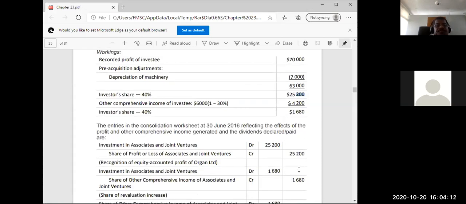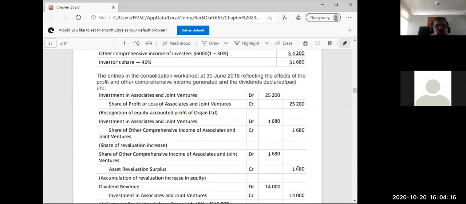Okay. So you put the journal entry: investment in joint venture debit and share of profit credit; investment in joint venture debit, share of comprehensive income credit; and again, share of other comprehensive income in associate joint venture debit and asset revaluation credit.